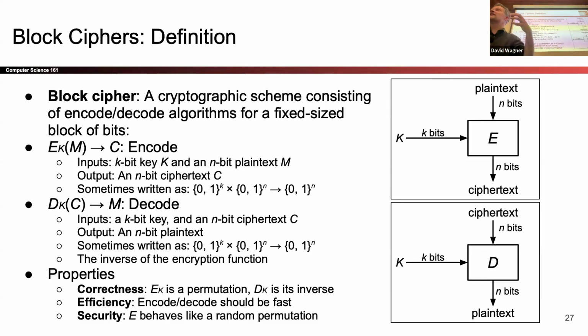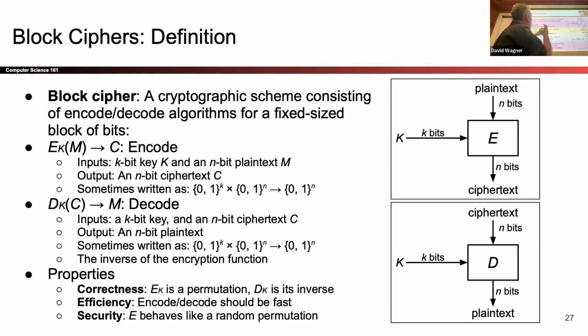And usually that length is fixed, like it has to be 128 bits. If you want 129 or 127, too bad, not supported. 128 or nothing. And then the decode operation is just the reverse that undoes the encode operation. So that's what a block cipher is.